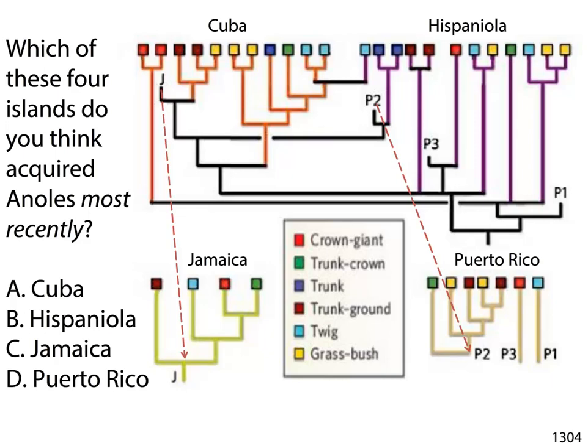In this particular tree, time is represented on the y-axis. The further up you are on the axis, the more recently the patterns could be seen. So given that information, take a moment, stop the lecture here, read through this, and answer to the best of your ability.